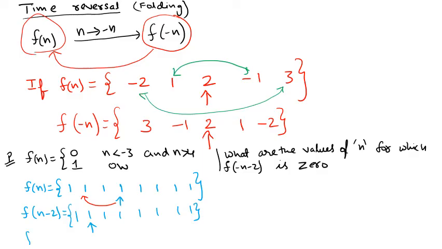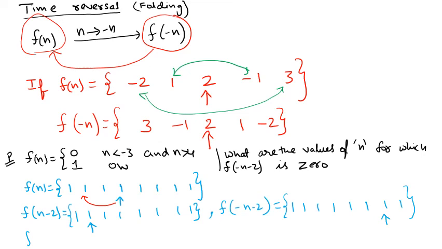Now, what is f of minus n minus 2? It is just the folded version. So f of minus n minus 2 will be equal to 1, 1, 1, 1, and the arrow will come over here.